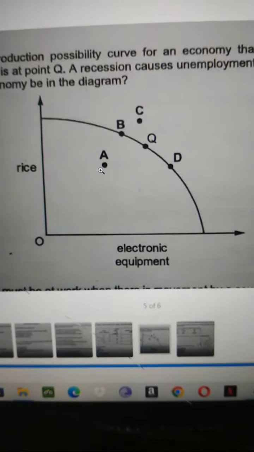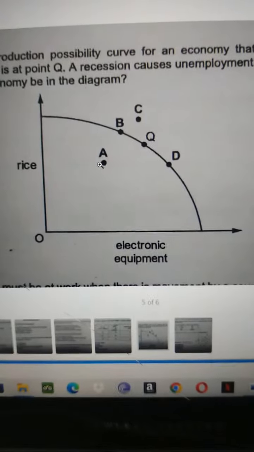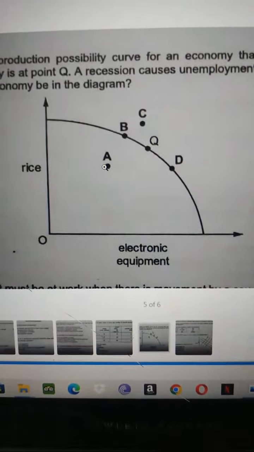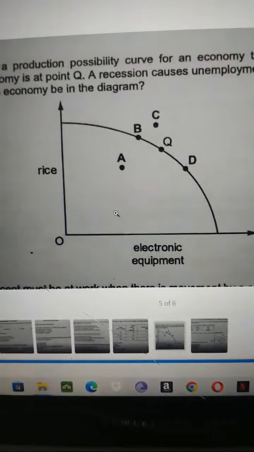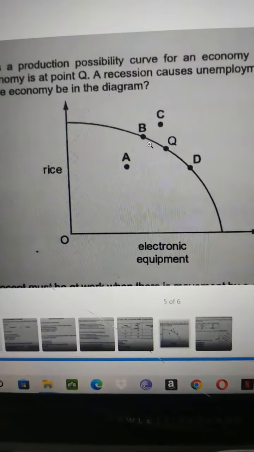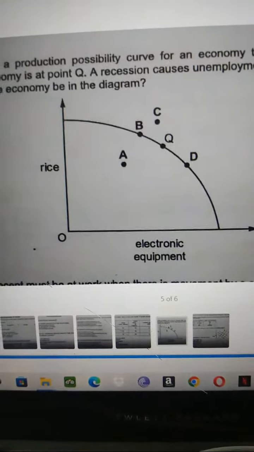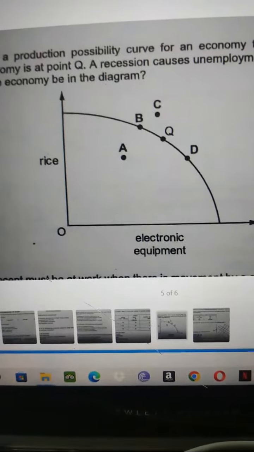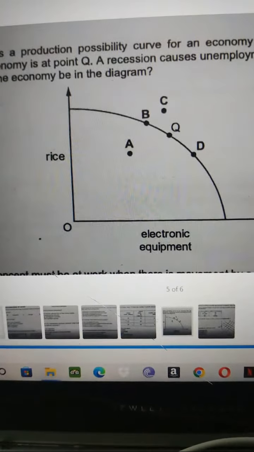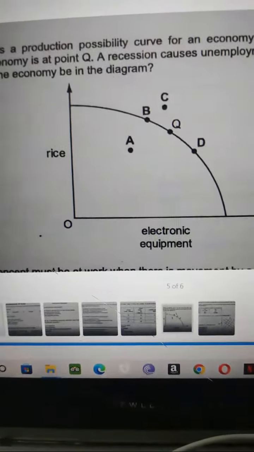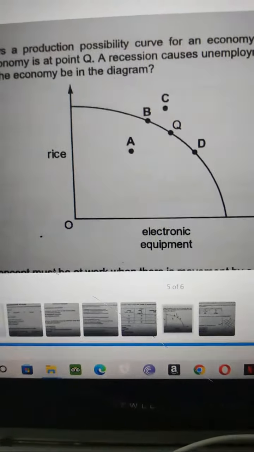Especially electronic equipment will be decreasing. So it means that there will be a decrease in the value of the x-axis. So you can see that if they were producing at Q, mathematically also if you can see, they were over here. So if they are at Q, this much they were producing. And now they are moving over here.